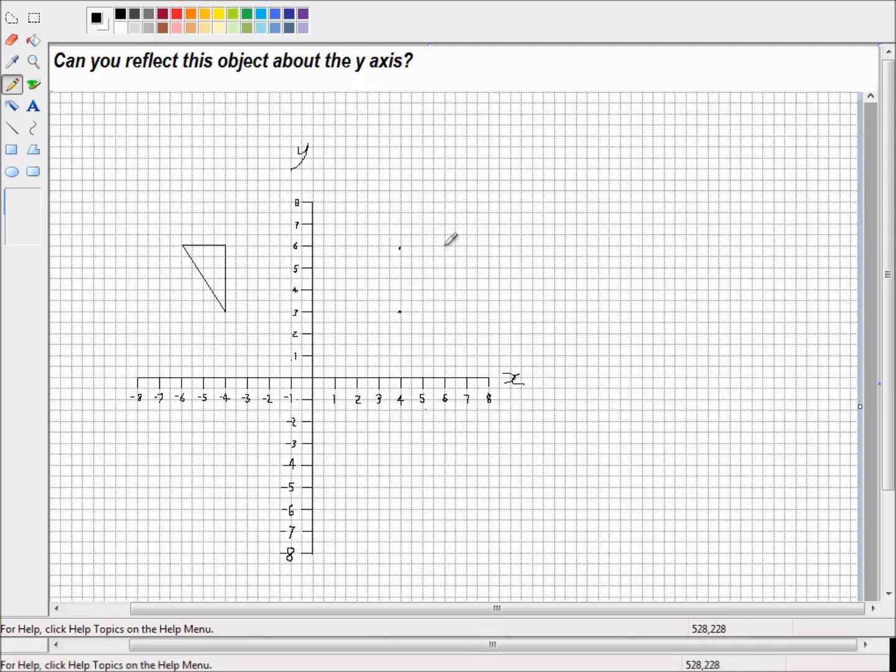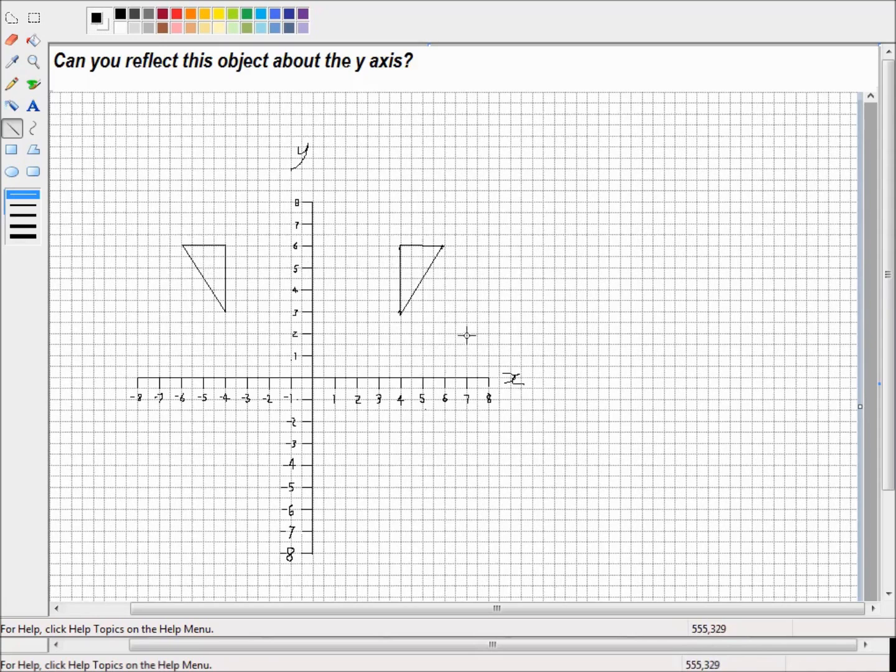So that's a 6, and there we have our shape. I haven't drawn it very well, but that's what the mirror image would look like.